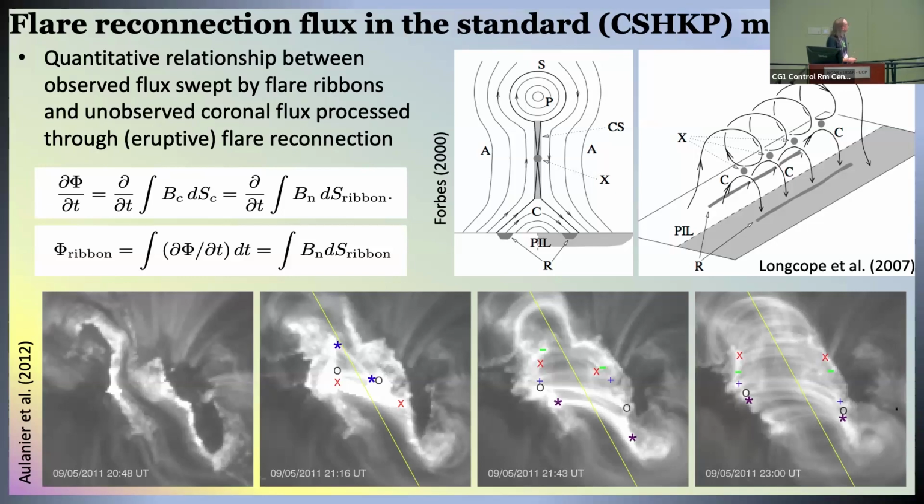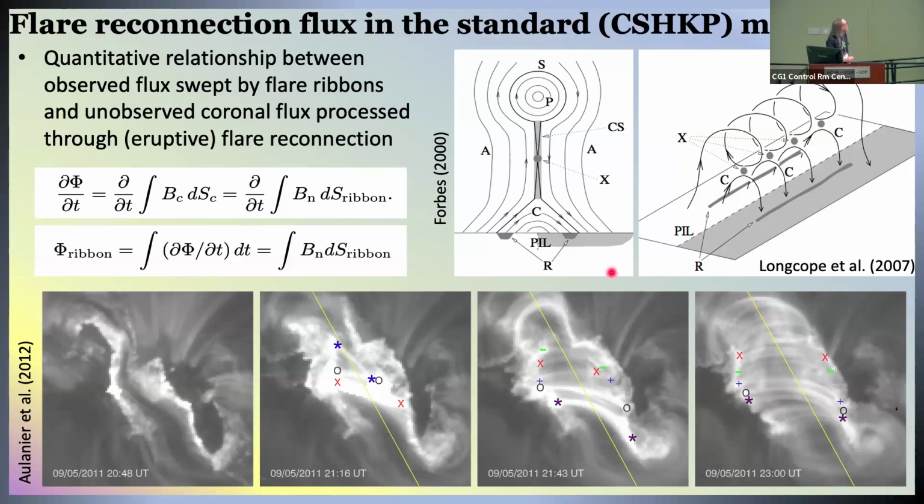So the thing that I wanted to say here was that reconnection in CMEs is important. It would be nice to know how much magnetic field was coming at you when the CME erupted.